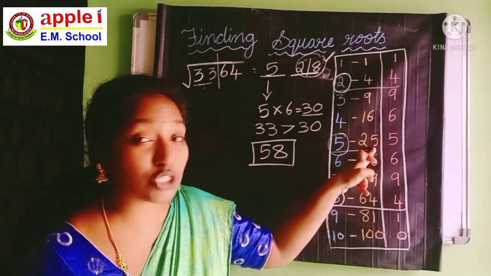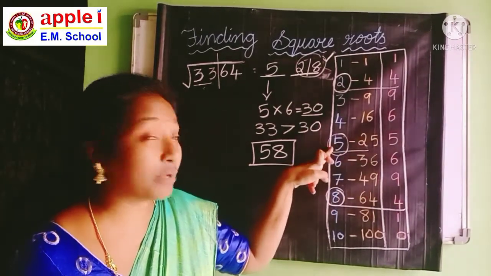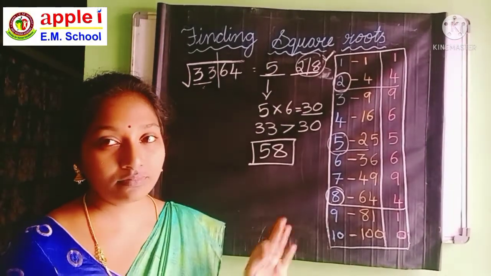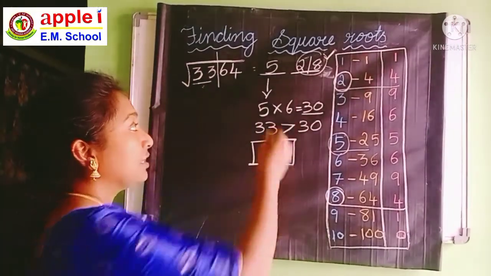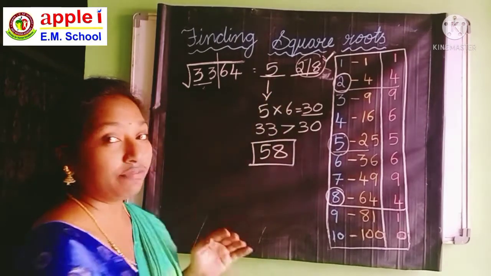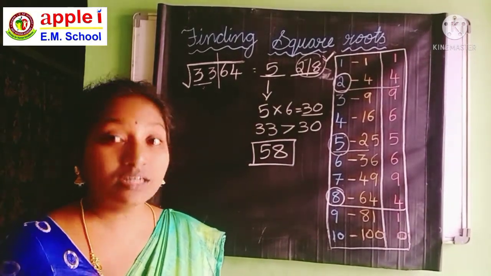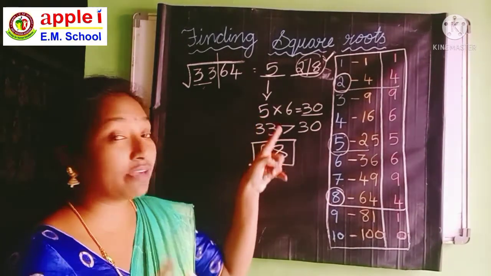The smallest is 25 and the corresponding number is 5. So write 5 here. The next step: this 5, you have to multiply with the next number, 6.